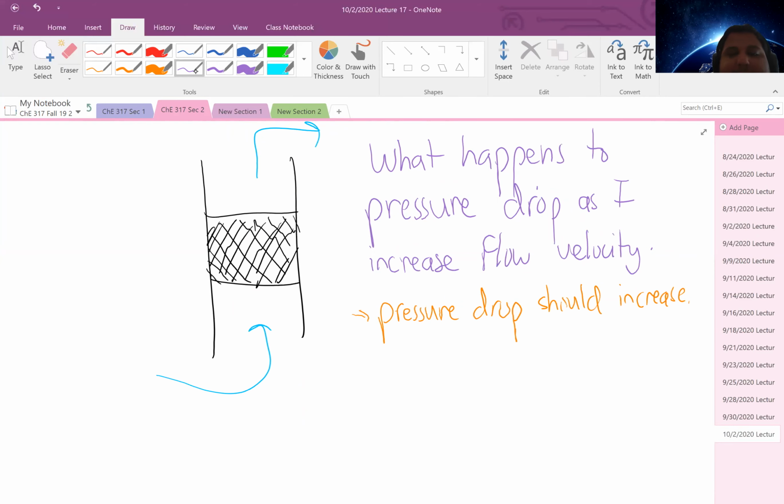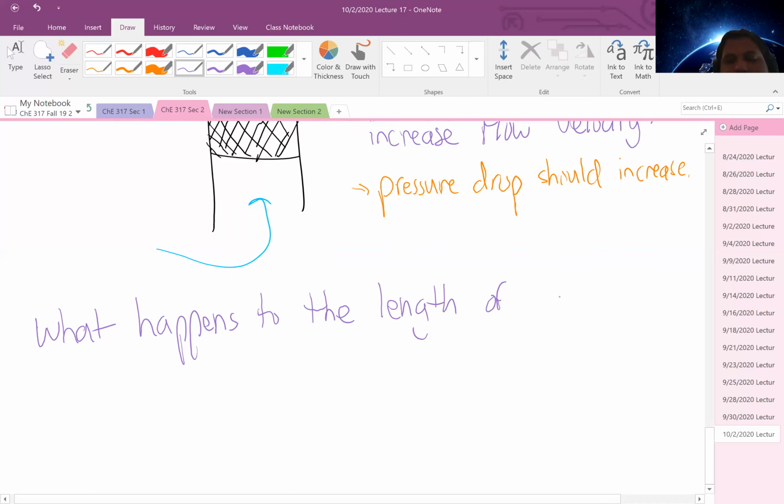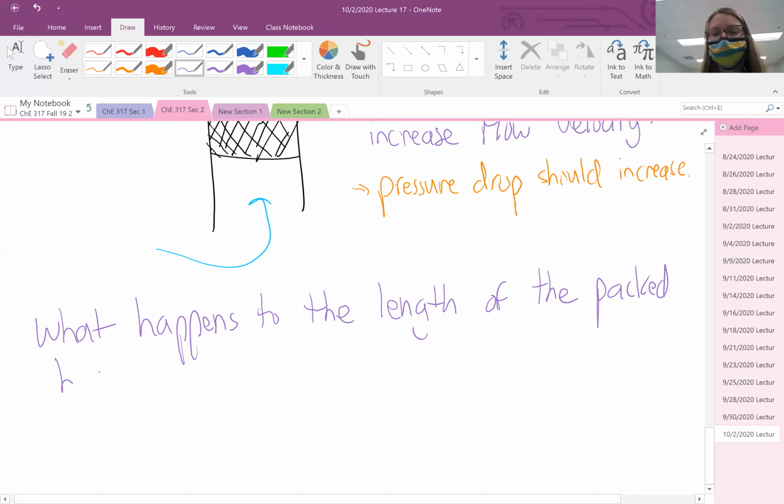What happens to the length of the packed bed? It will increase because air, or whatever fluid, will get in between the particles, and it'll cause the particles to rise.